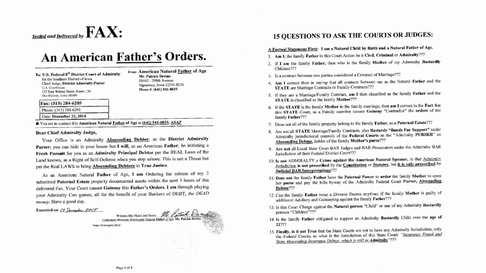Am I correct in saying that all contracts between me and the state are marriage contracts or family contracts? Question mark. Fifth question. If they are a marriage/family contract, am I then classified as the family father, and the state is classified as the family mother? Question mark.